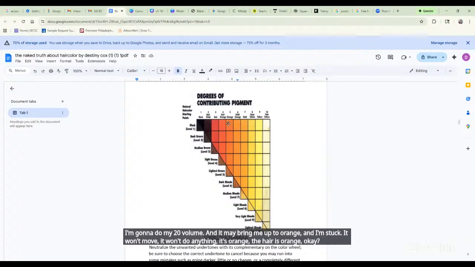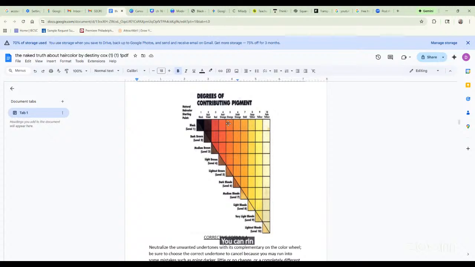You can rinse with cool water, apply liquid leave-in conditioner, and then I will remix my product fresh and apply it again. It's going to pick up at orange and it should take me all the way to 8 deep yellow. When I see that deep yellow, I'm going to rinse.